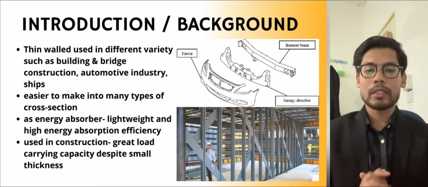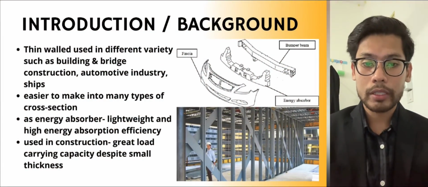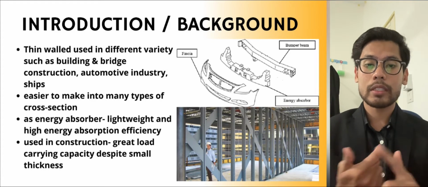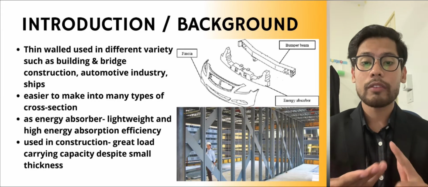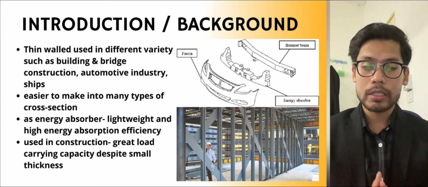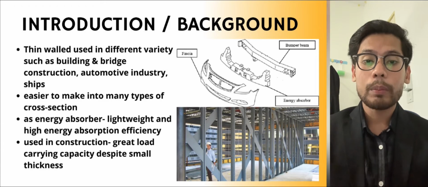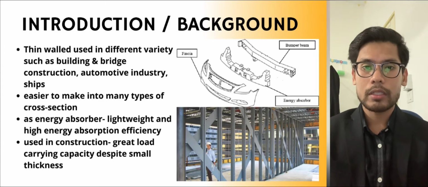For the introduction, thin wall is used in a variety of applications such as building and bridge construction, the automotive industry, aircraft and ships. Thin wall structures are easy to make into many types of cross section compared to normal structures.